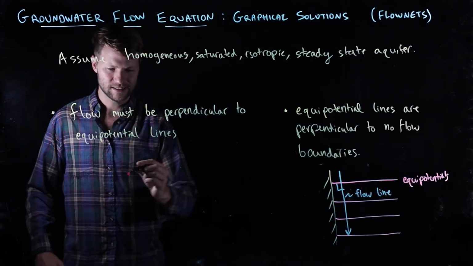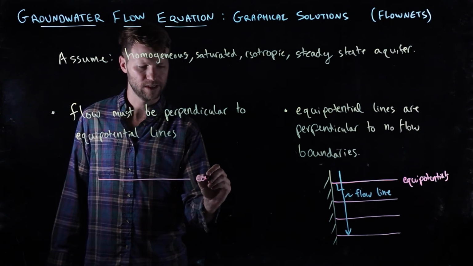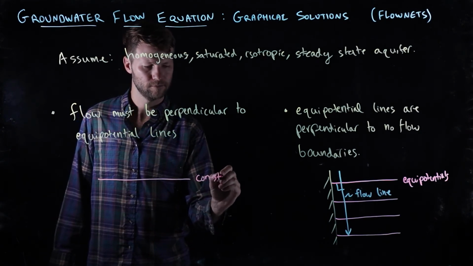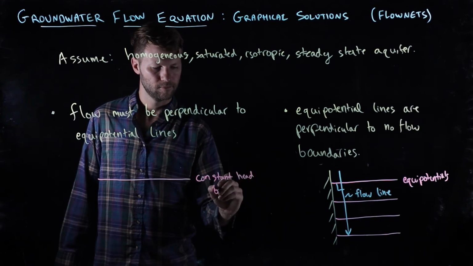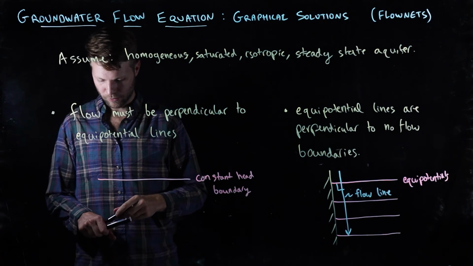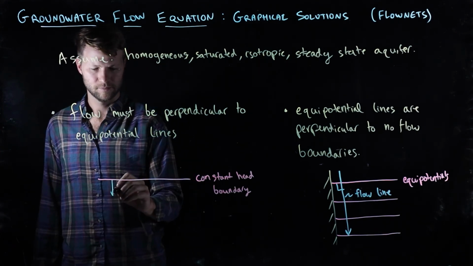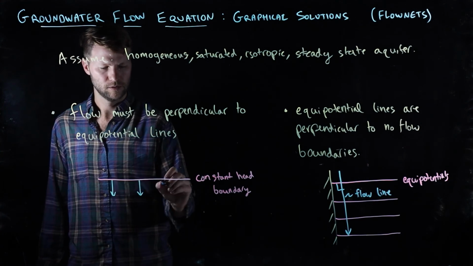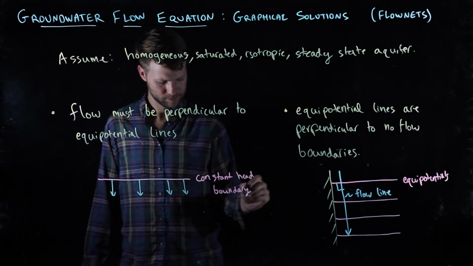If we have a constant head boundary, for example, a water table, the flow lines must still be perpendicular to the equipotential line.